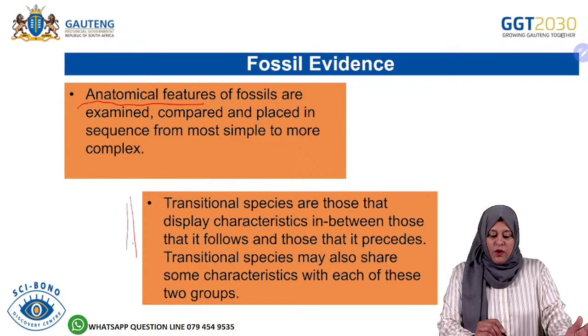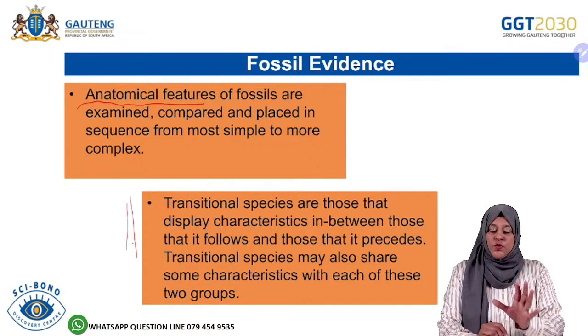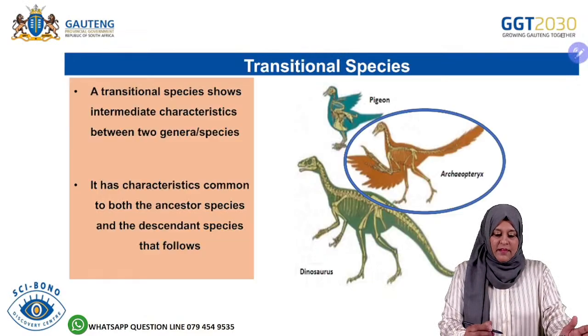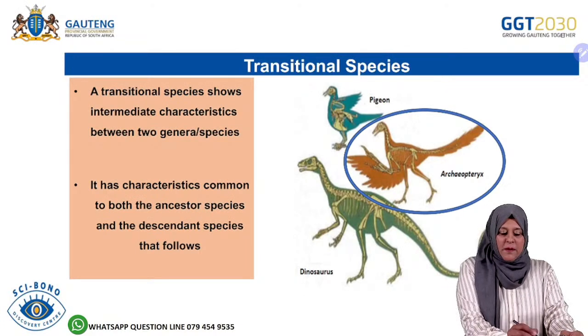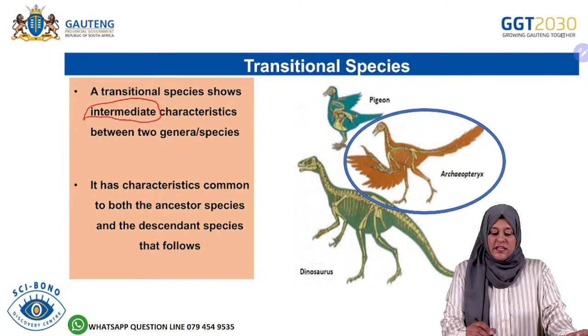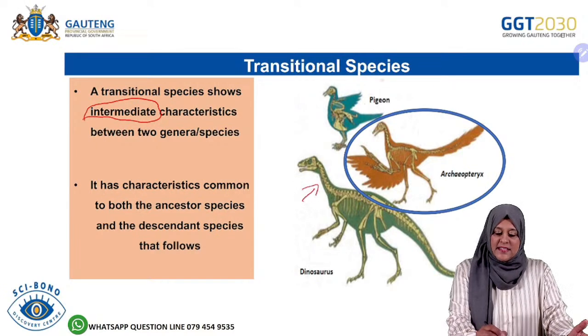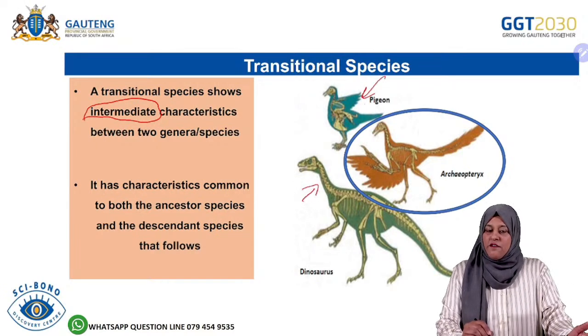Transitional species may also share some characteristics with each of these two groups. So let's look at the transitional species. A transitional species shows intermediate characteristics between two species or genera. It has characteristics common to both the ancestor species and the descendant species that follows.